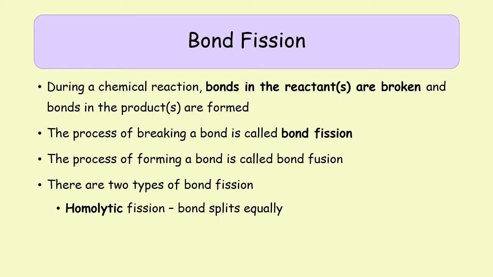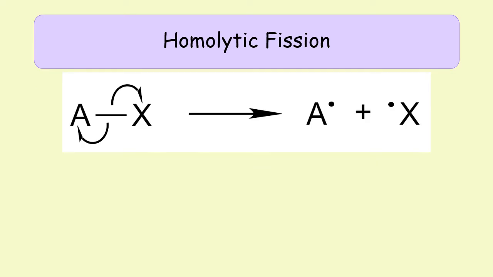That is where a bond splits equally, where one electron in the covalent bond ends up on each atom. The alternative version of fission is heterolytic fission, and that's where a bond splits unequally, generating 1 positive ion and 1 negative ion. So you are familiar with heterolytic fission, you've just never really heard it called that way before.